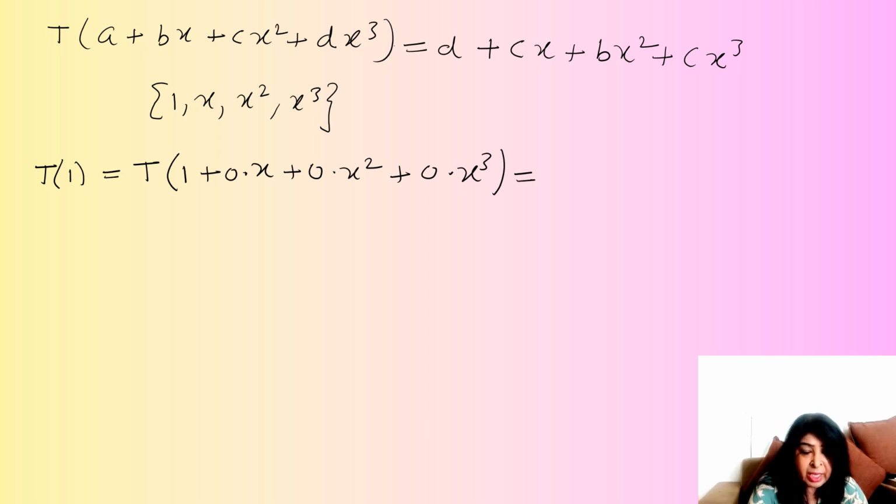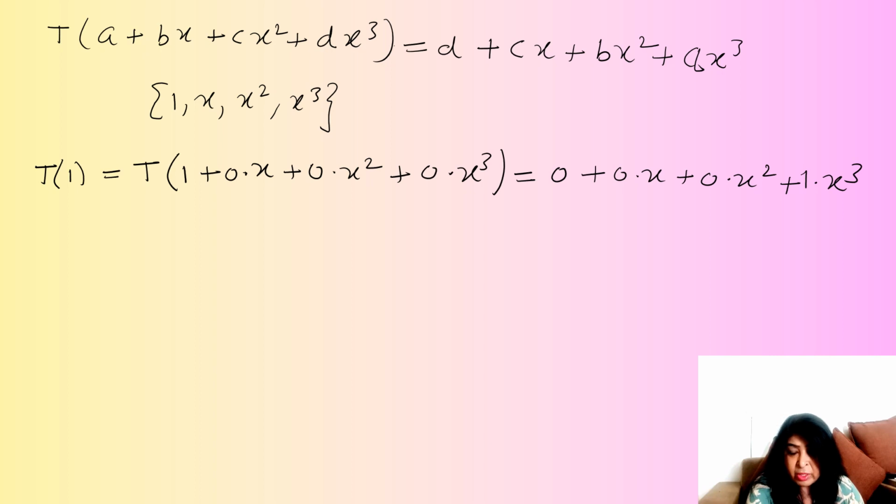So our a is 1. So we get 0 plus 0 into x, 0 into x square plus 1 into x cube.